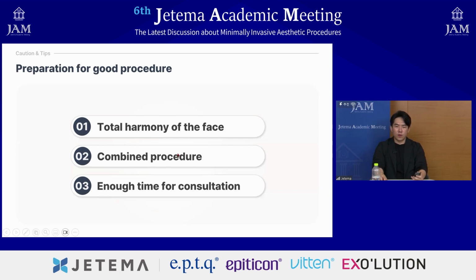And for the procedure, I recommend a combined procedure, because each material has its own strengths. Filler has good potential for making volume, and thread has strong holding power, makes new collagen and decreases fat. So it's better to use a combined procedure to make a better result.